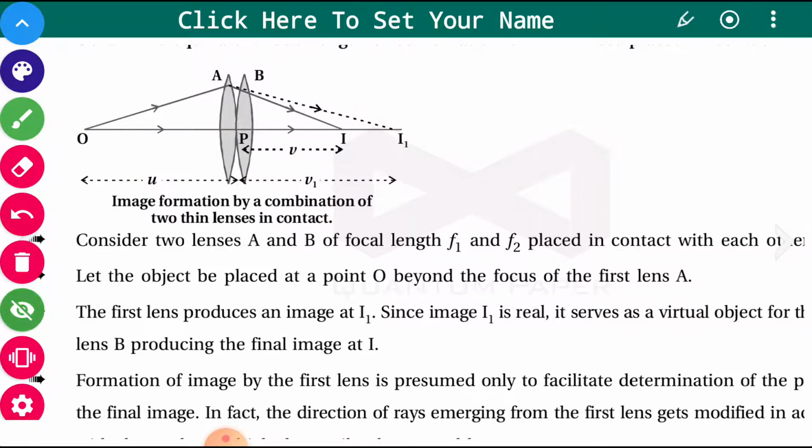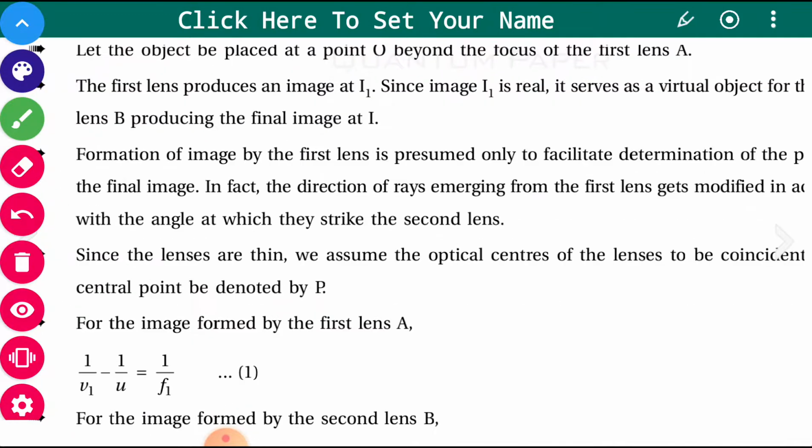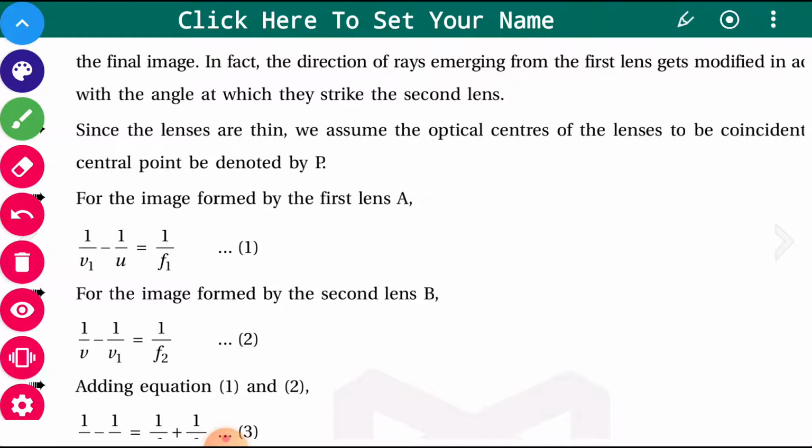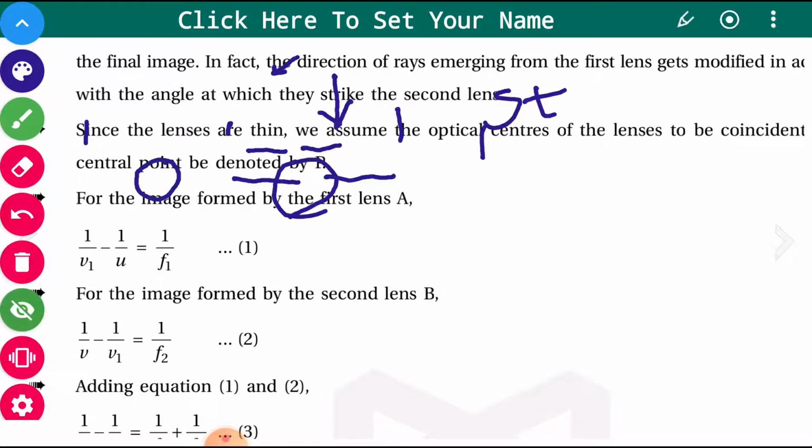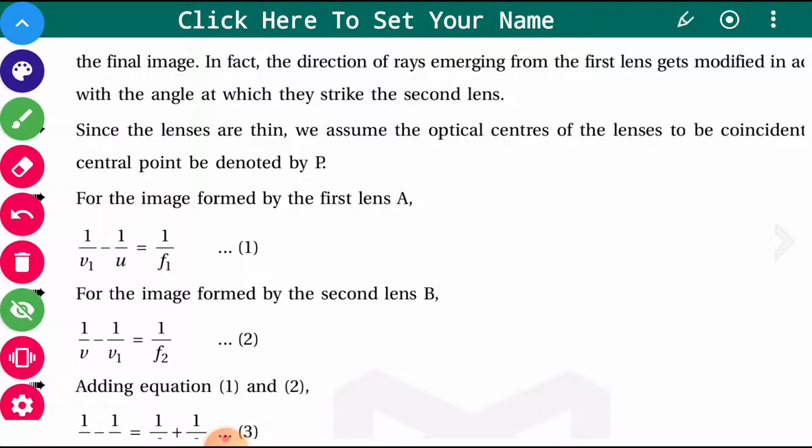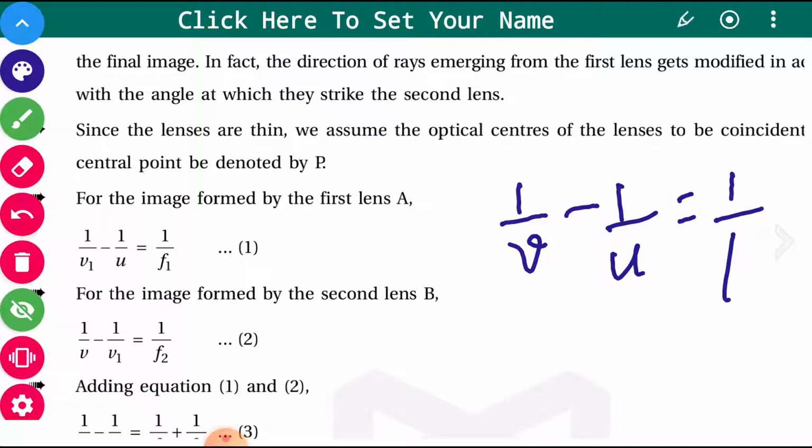Applying the lens formula, 1/v minus 1/u equals 1/f, for the first lens, lens A, we get 1/v1 minus 1/u equals 1/f1.